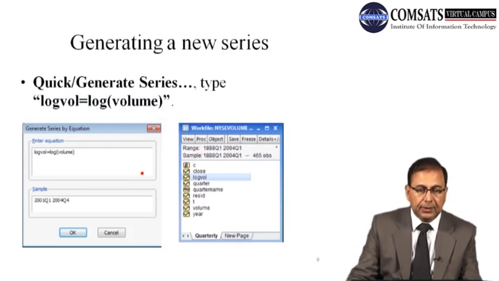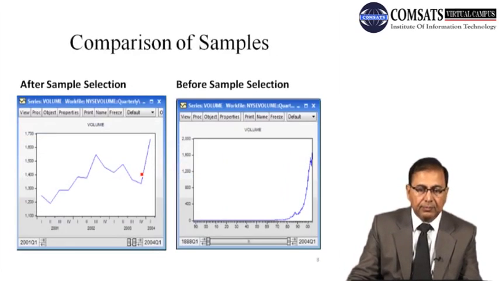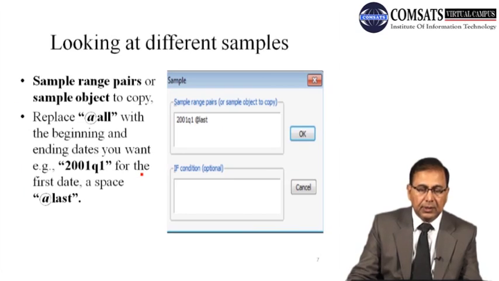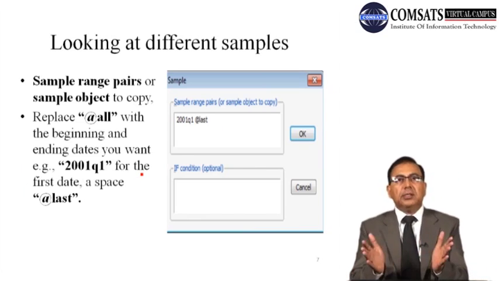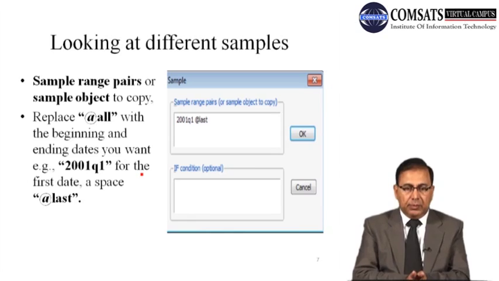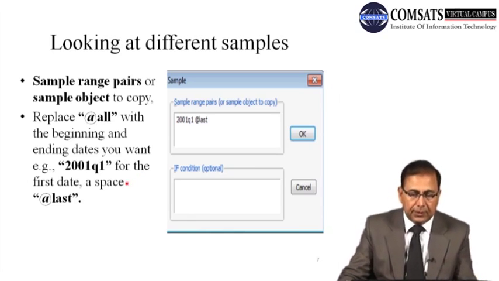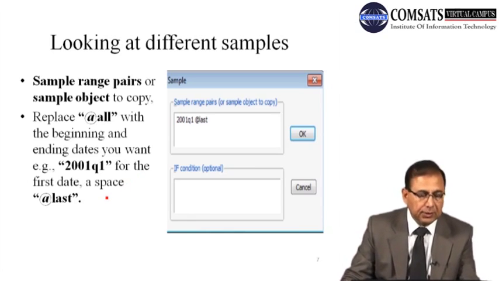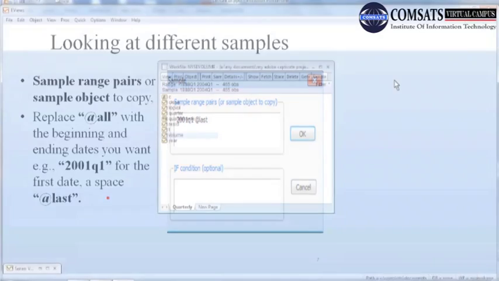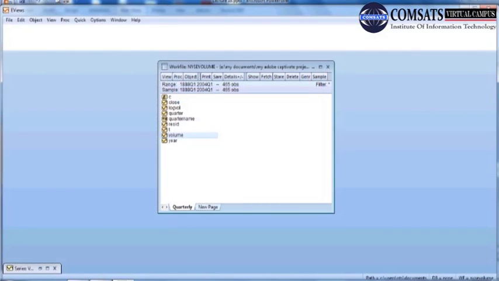So, how to make this graph? The simple thing is we select the start date. For example, we can divide this large sample into smaller parts. So, let's do this in EViews. Well, students, now we can change the sample.